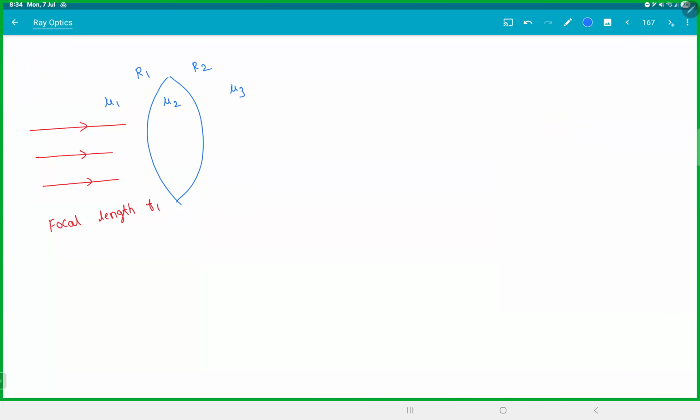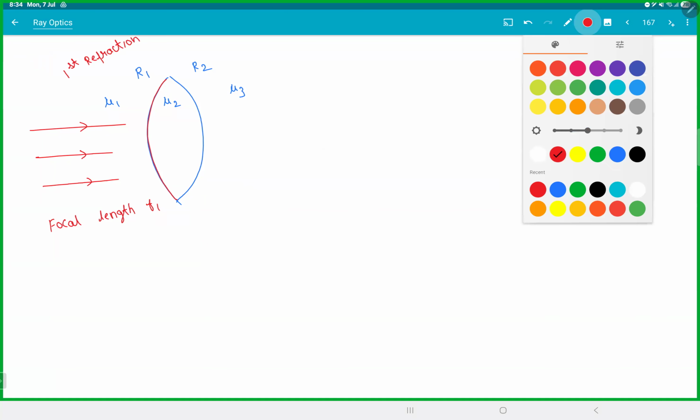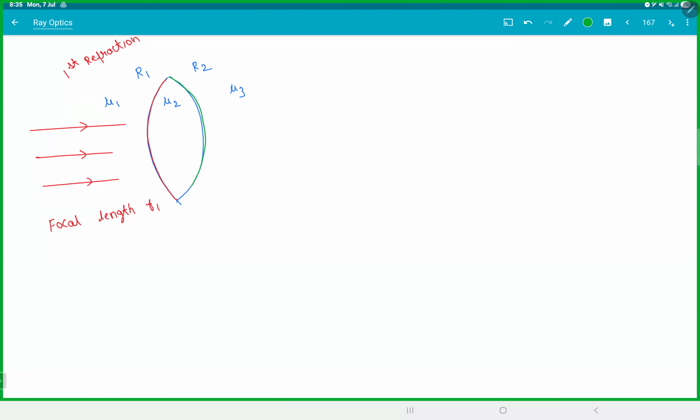So if you see, there are two refractions here, a first refraction and a second refraction. So you have to use the refraction on the curved surface formula again. You have to go back to the derivation.